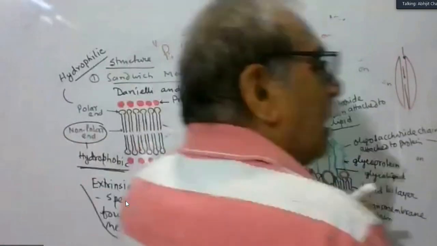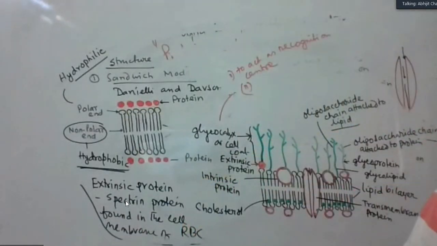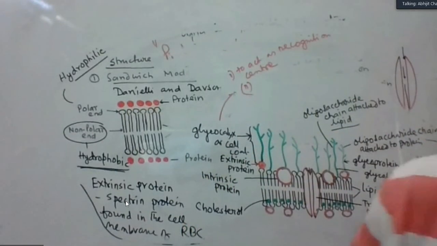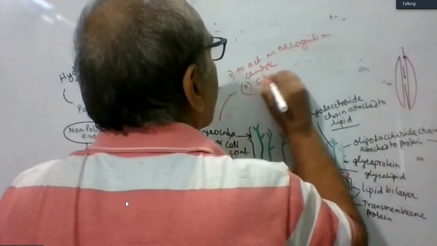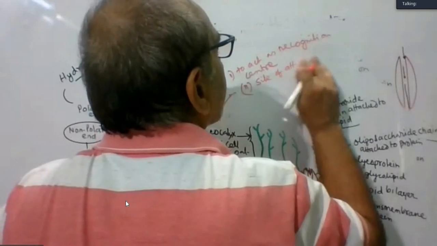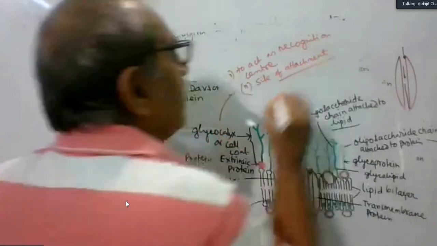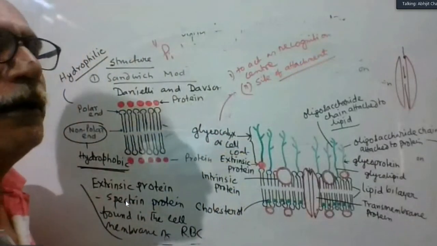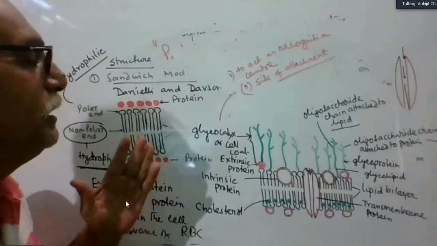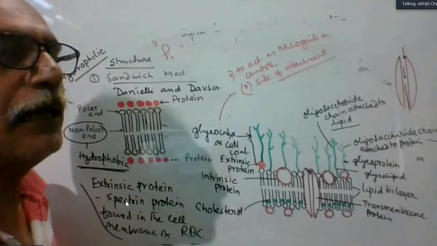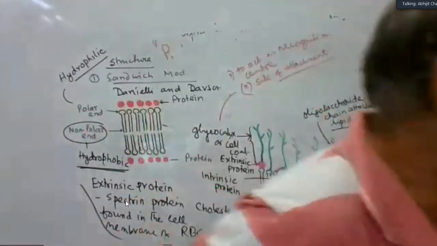That means it recognizes which are to enter the cell and which are not. Then comes the site of attachment, where the molecules, before entering into the cell, have to be attached here. So this is what the fluid mosaic model, as proposed by Singer and Nicolson, says.